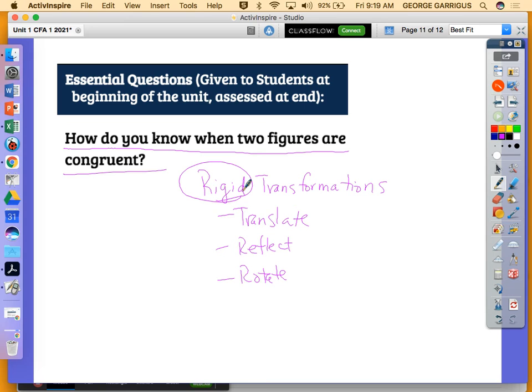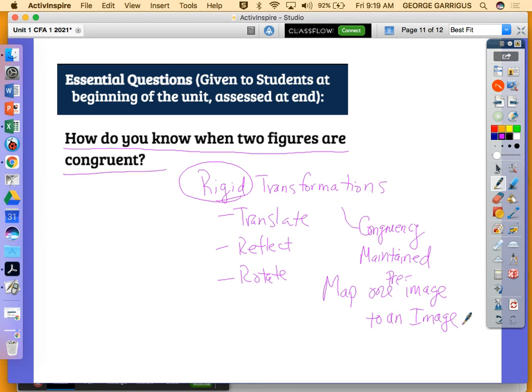So under these transformations, congruency is maintained. And that means that you can map one pre-image to an image.